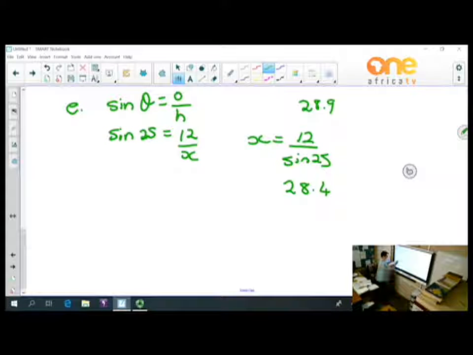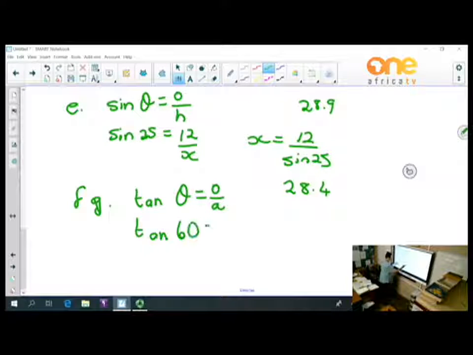No. First number F. Sorry, number F. Which function? It will again be tan. Tan theta is opposite over adjacent. So tan 60 degrees is equal to 9 over y.